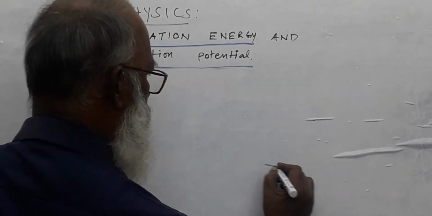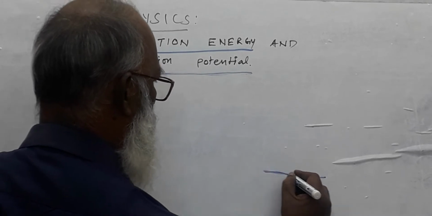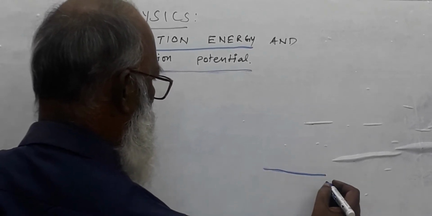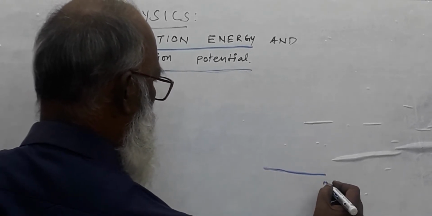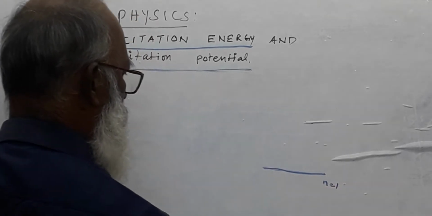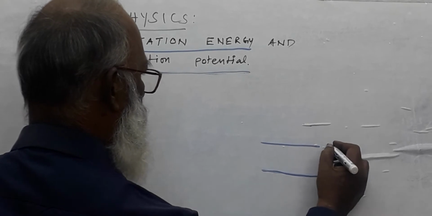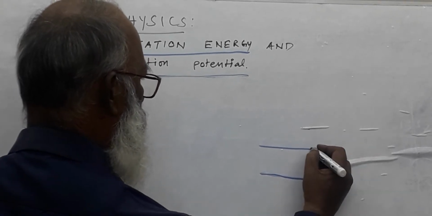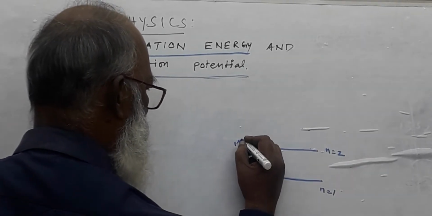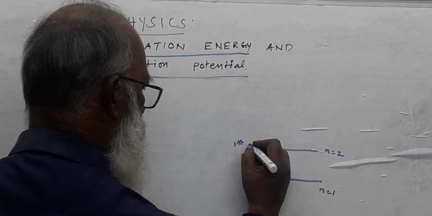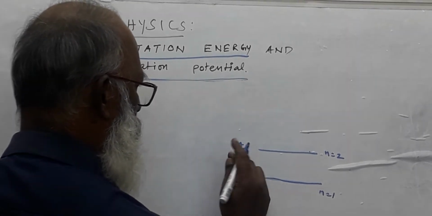Suppose you want to understand the concept clearly, you have to consider the ground state, n is equal to 1. Then imagine n is equal to 2. This is called first excitation energy.